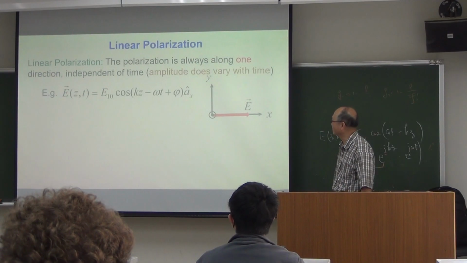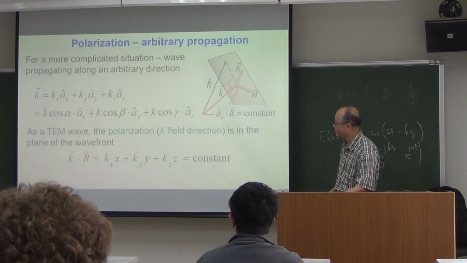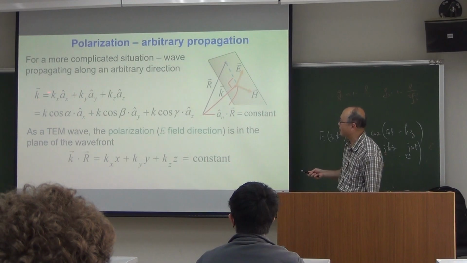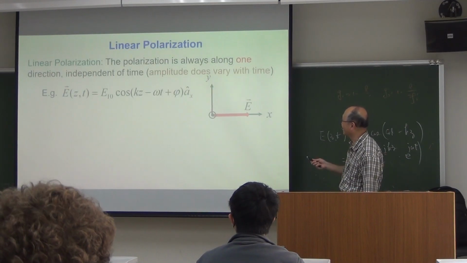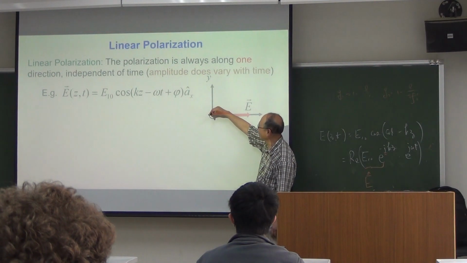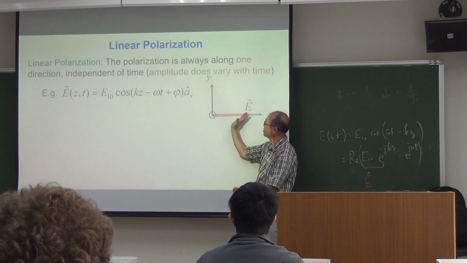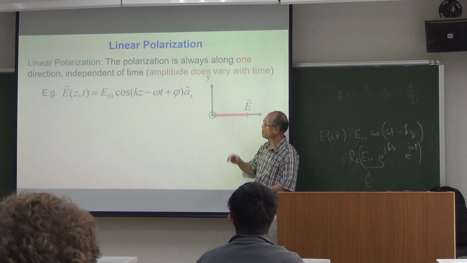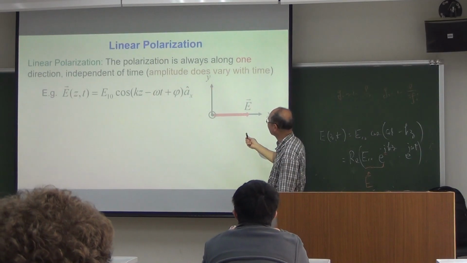We simplify it to allow the wave to propagate along the z direction. Previously, it was propagating along some abstract direction, but now we redefine the coordinate system so that the wave propagates along the z direction in this configuration. In this configuration, the z direction is along this direction, using the right-hand rule. And then the electric field can be on the xy plane.